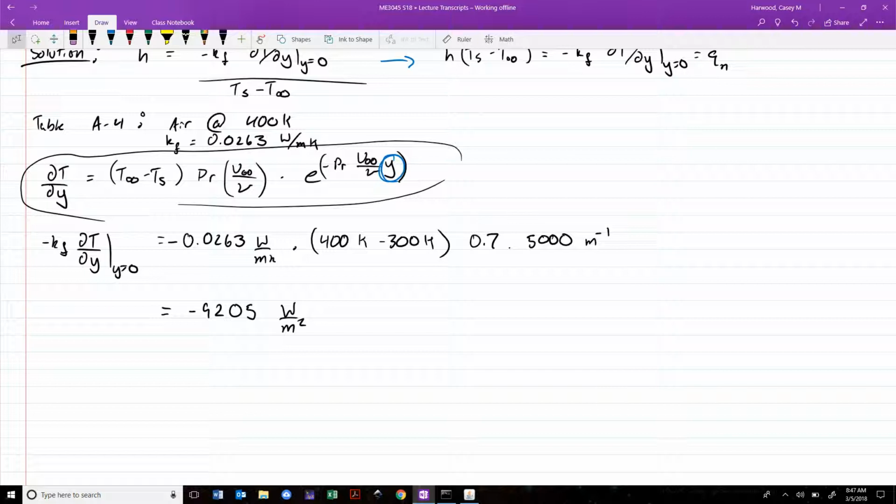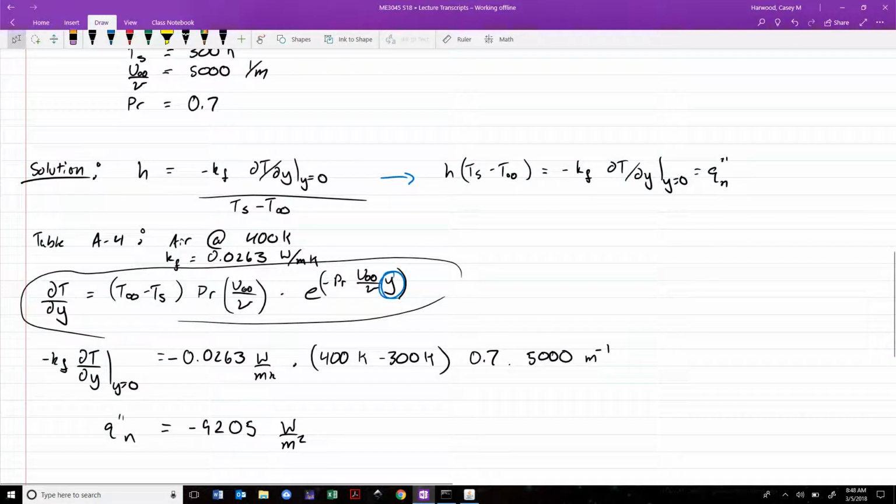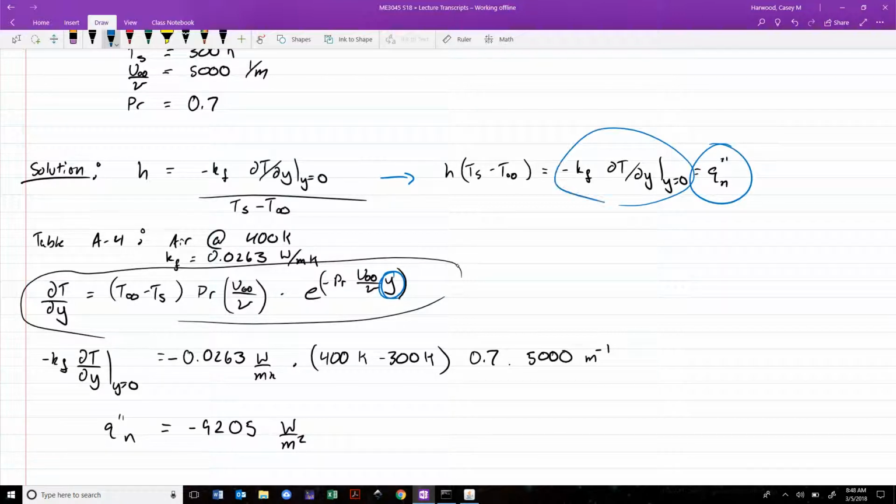So that's a useful quantity for us. But what we talked about was backing out that convective heat transfer coefficient h. So let's take advantage now of the fact that we know this quantity. We got this quantity from this quantity, so let's find this quantity from that result.